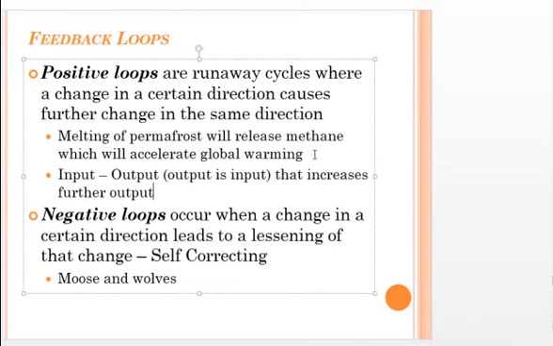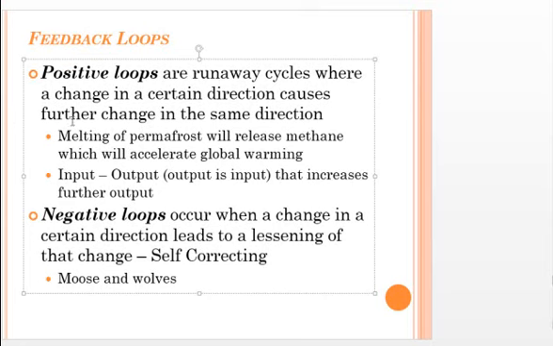So this example of melting of permafrost, it will release methane, which will accelerate global warming. So the input in this case is increased heat. The output is melting of permafrost. But then the melting of permafrost also releases methane, which causes an increase in heat.